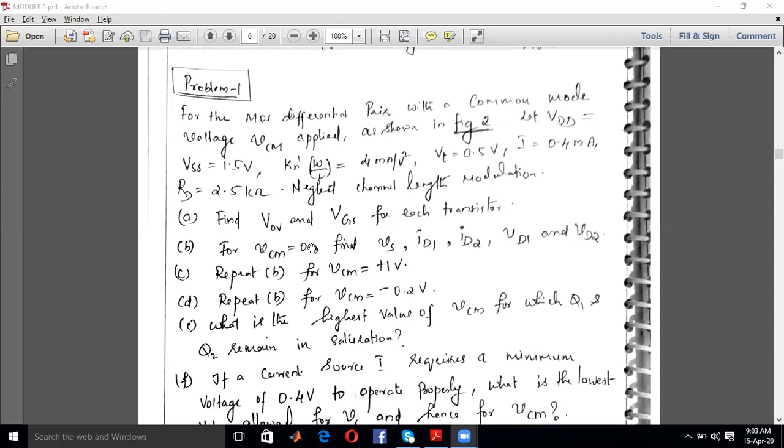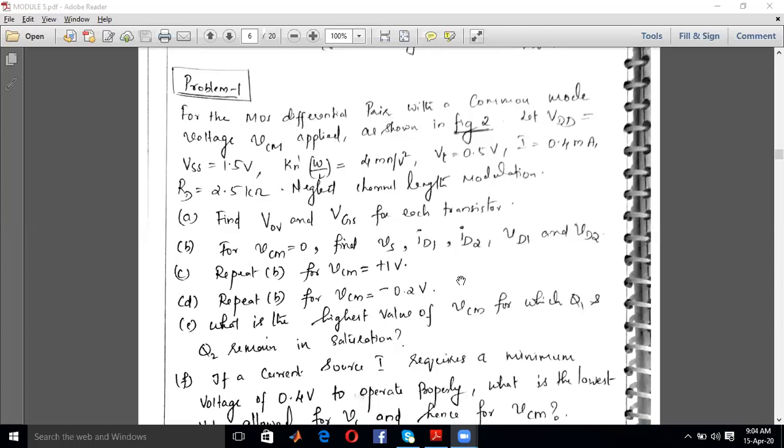So we have to check whether our input VCM equal to 0, as per part B, comes under this common mode range. Based upon that, we have to find the source voltage, then the two drain currents. If it is in the common mode range, obviously the two drain currents are going to be the same because the current is dividing equally among the two transistors. Then we have to find VD1 and VD2. If the two drain currents are the same, VD1 and VD2 are going to be the same. Understood?